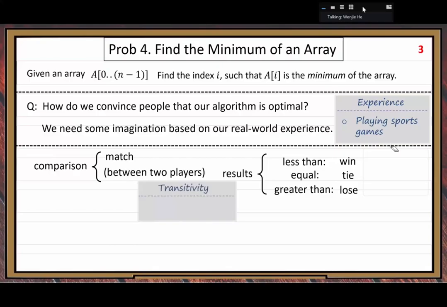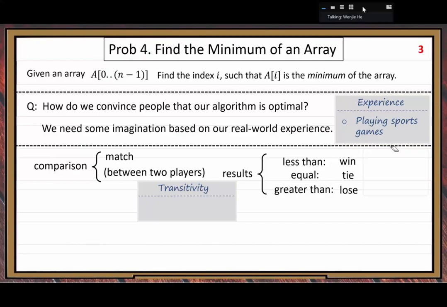But in our real world sports games, although we make that connection, there is still an important difference between our real world experience and our comparison here.